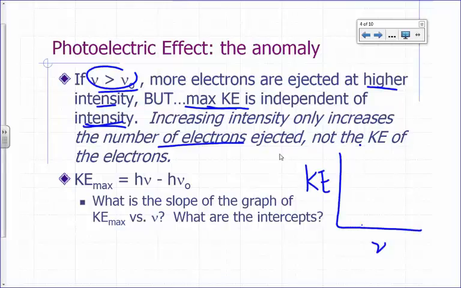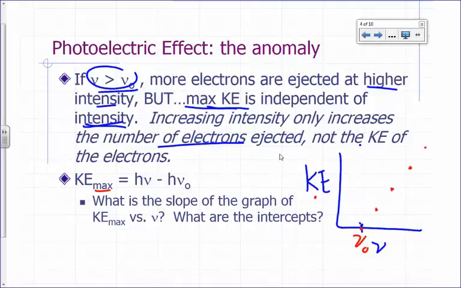So there's a minimum frequency that you need to get electrons to eject. So let's call that nu naught. That's the threshold frequency. And you're going to get a straight line if you make a plot of kinetic energy max. Okay, I'm just going to start dropping the max. So when I just write KE here, I mean the maximum. You're going to get a straight line.